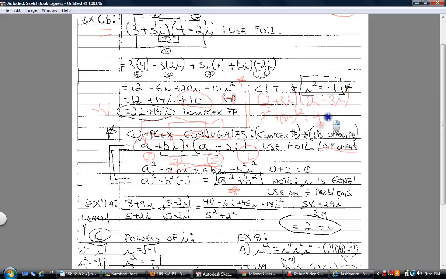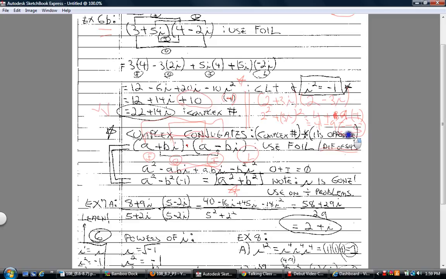What do we get? 4 plus, 3 squared is 9, 9 i squared, i squared is negative 1. I'm running out of room. 4 minus 9, and you finally get negative 5. Okay, so what I'm trying to get you to see here is that when you multiply a complex number by its conjugate, you end up with just a real number.